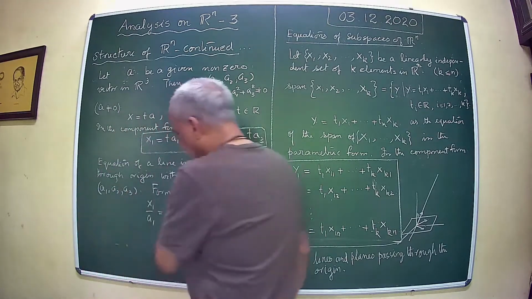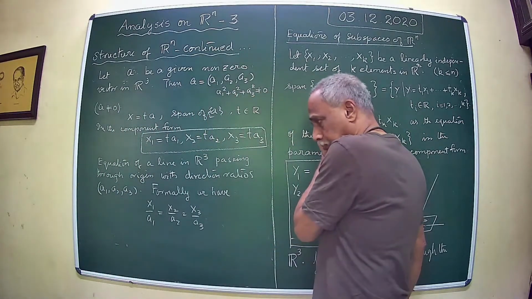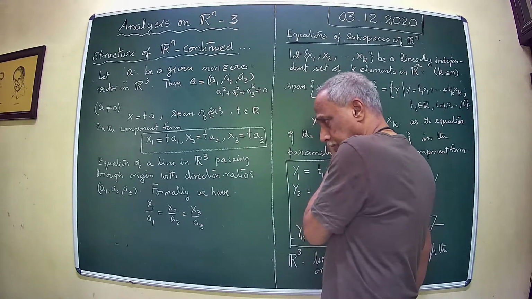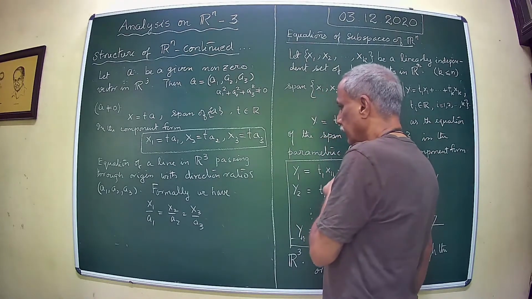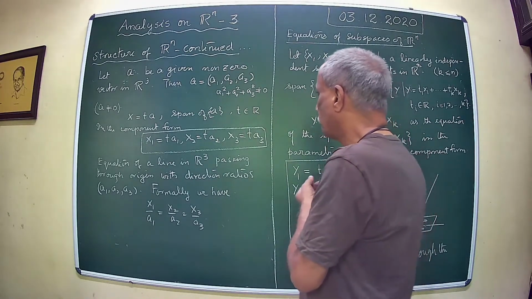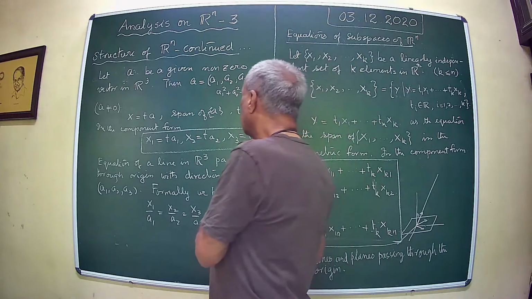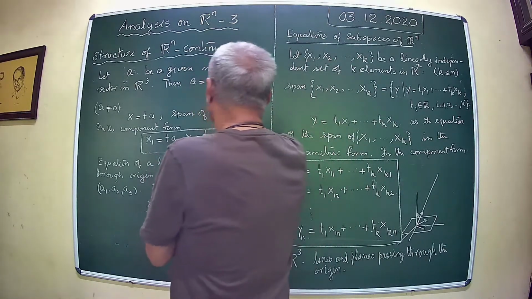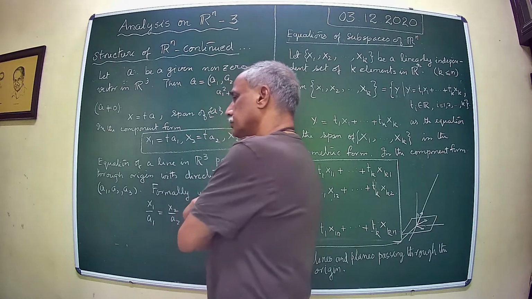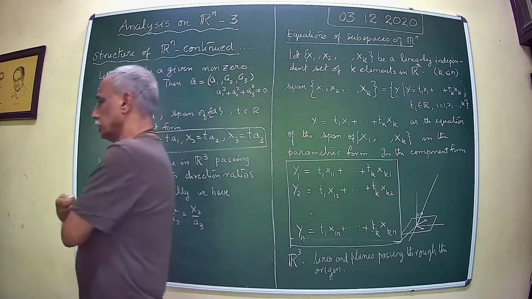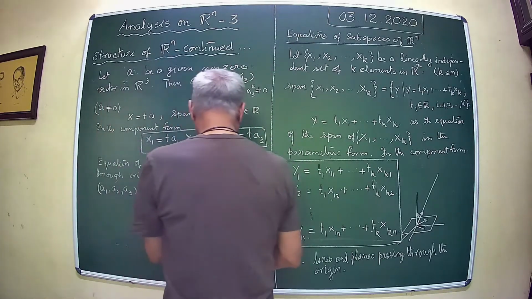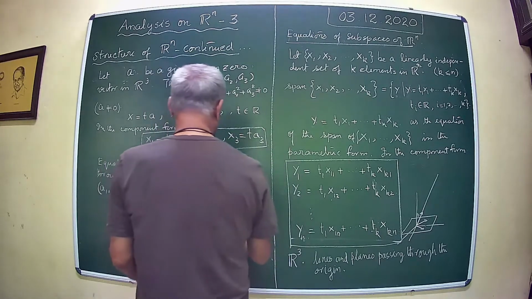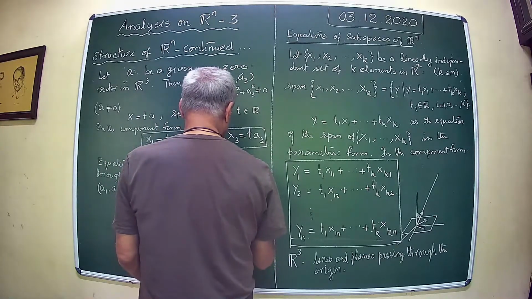I want to make a caution here. There may be a situation where only one of these components is different from 0. In that case, suppose your A is equal to (1, 0, 0).